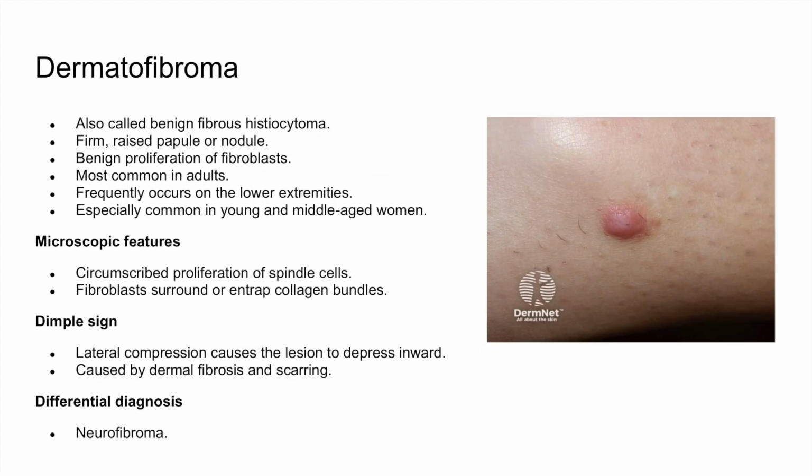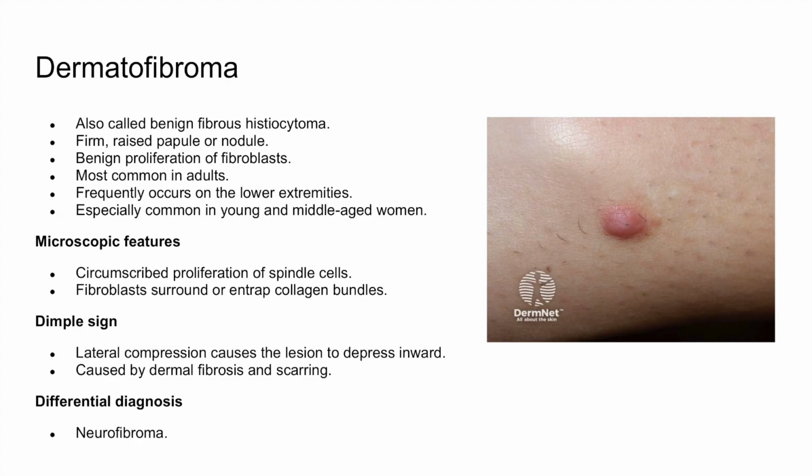So a dermatofibroma, or benign fibrous histiocytoma, is a benign dermal proliferation that most often appears as a small, firm papule on the lower extremity of a young or middle-aged adult, particularly a woman. So lateral compression causes the center to sink inward, producing the characteristic dimple sign.